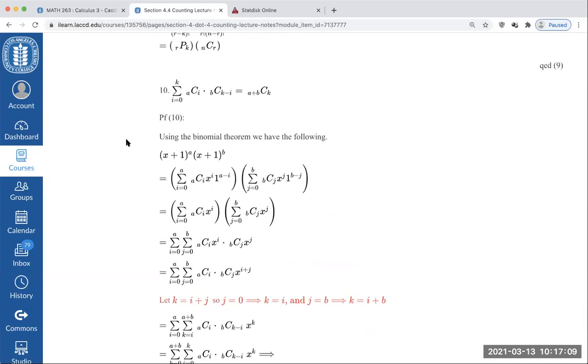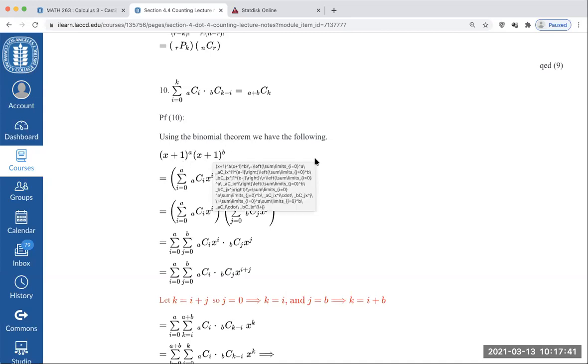So x plus 1 to the a is, by the binomial theorem, the sum i equaling 0 to a of aCi x to the i times 1 to the a minus i. 1 to any power is just 1, so this is the sum i equaling 0 to a of aCi x to the i.